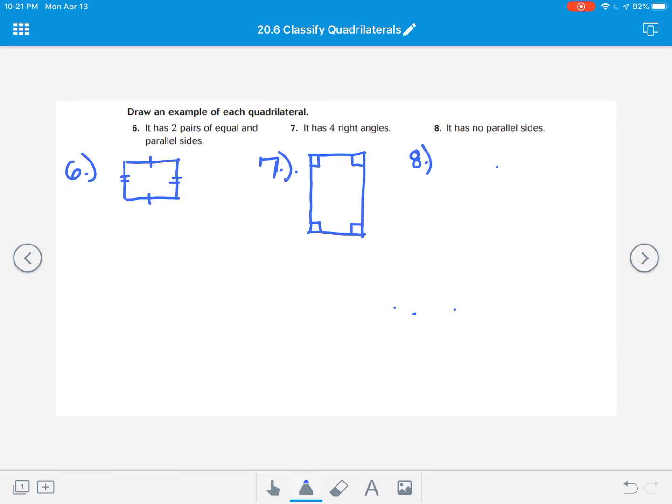All right, number 8 says it has no parallel sides. Okay, well, this is fun. It needs to be a quadrilateral, so it needs to have 4 sides. But the sides cannot be parallel. Oh, that's almost parallel. I'm going to try doing that again.